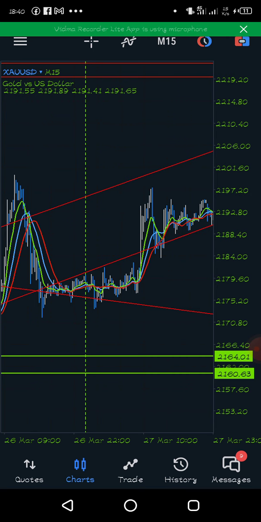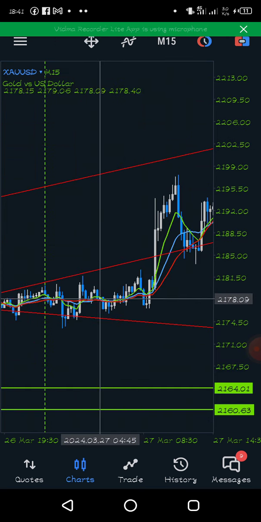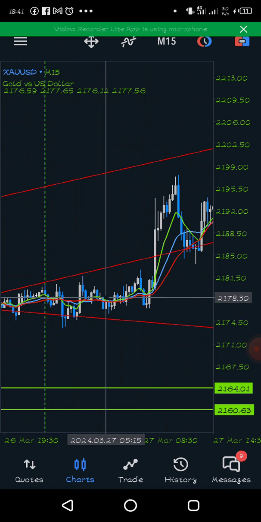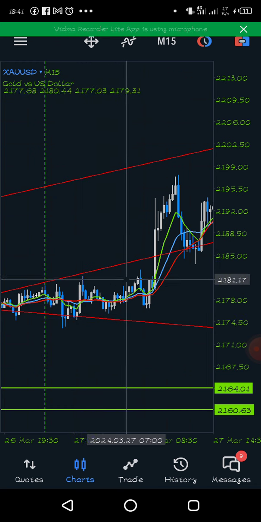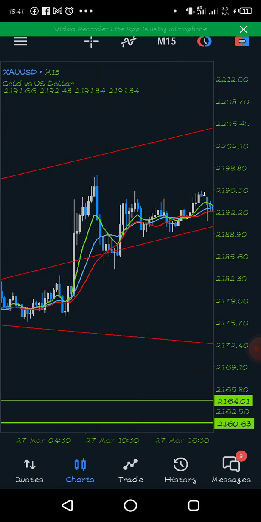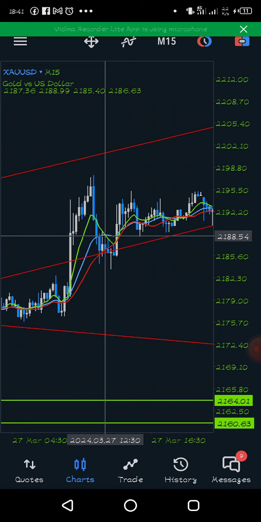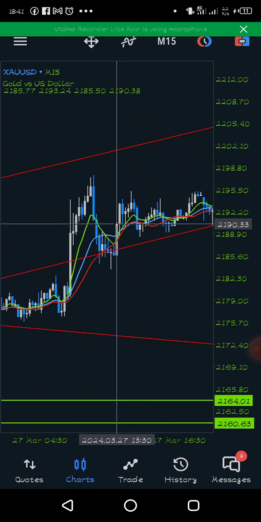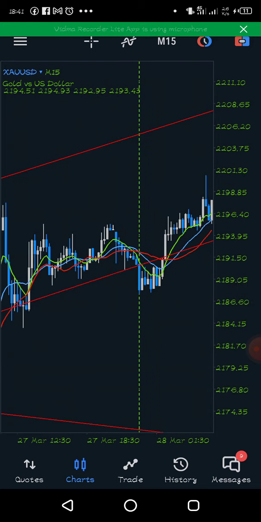So here is the place I took my trade around this point. As the market crosses here, it shows a buy signal, but the market still ranges a few candles before it moves to the upside. And as it is now, you can see this is our close around here. You enter again around here, and you make it up to the upside.